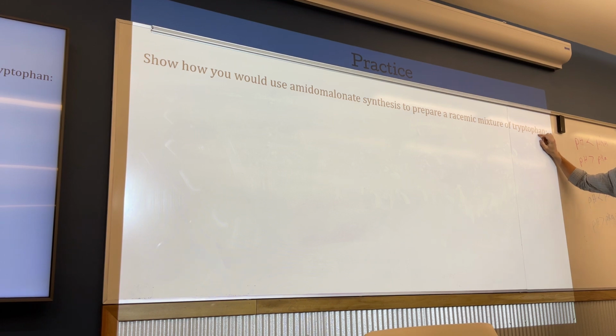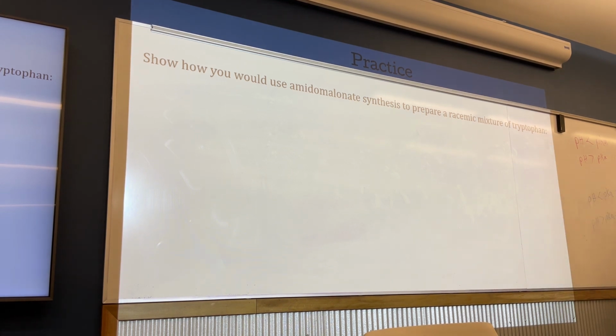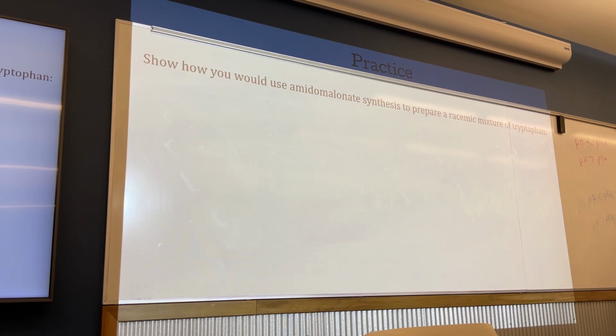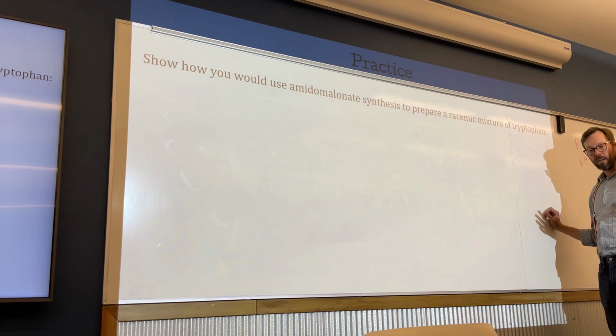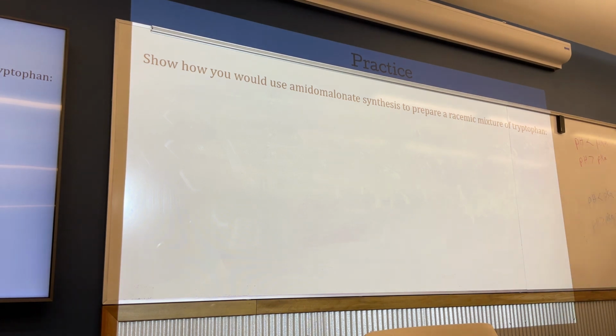Tryptophan. So let's look up tryptophan. And depending on what that side group is, you got to figure out what your precursor is going to be. And all you do is take that side chain and put a halogen on there, put bromine on there, and that is what they're asking for. Okay.